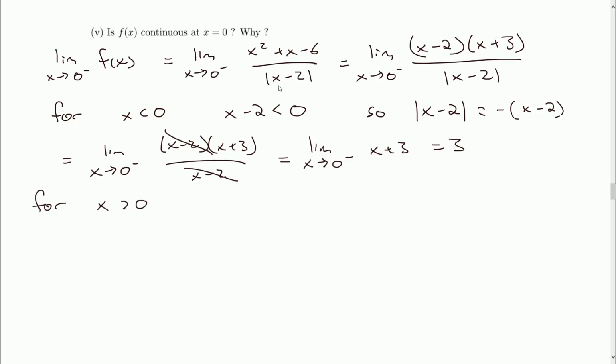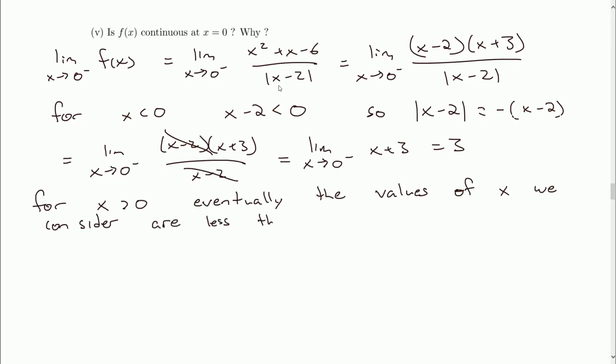Now, for x greater than 0, this is where it's a little tricky, because you can't say, well, if x is greater than 0, x minus 2 is one thing or another. But you might say eventually the values of x that we consider are less than 2. Okay? This is true. The x values that we consider when we do a limit get closer and closer to 0.